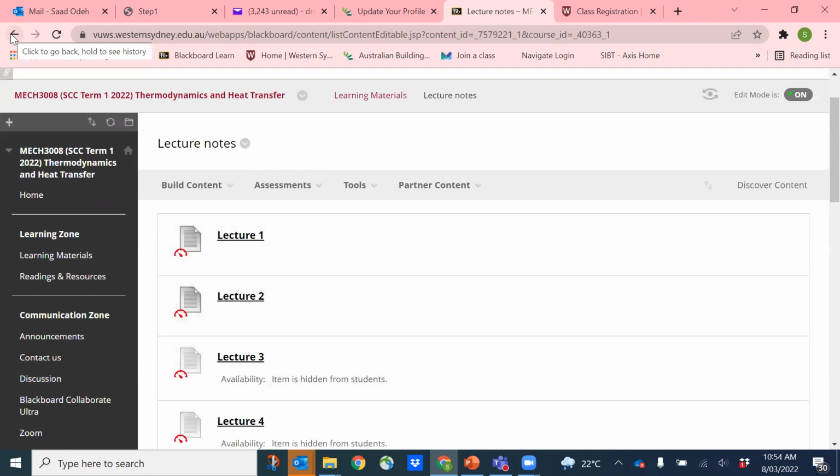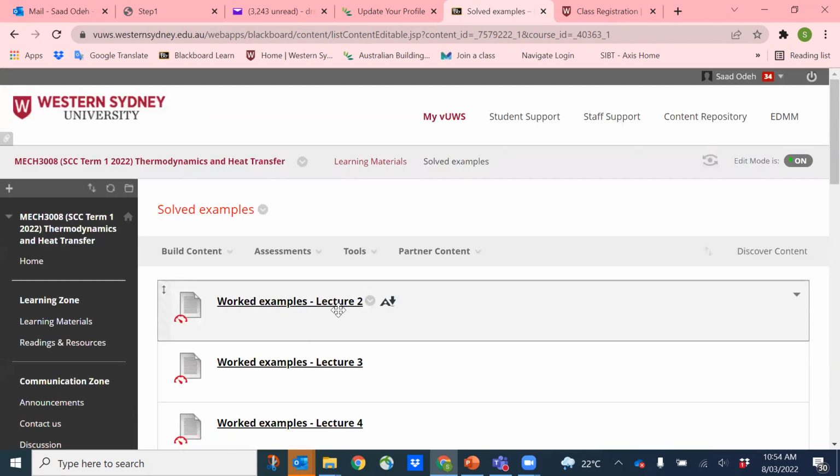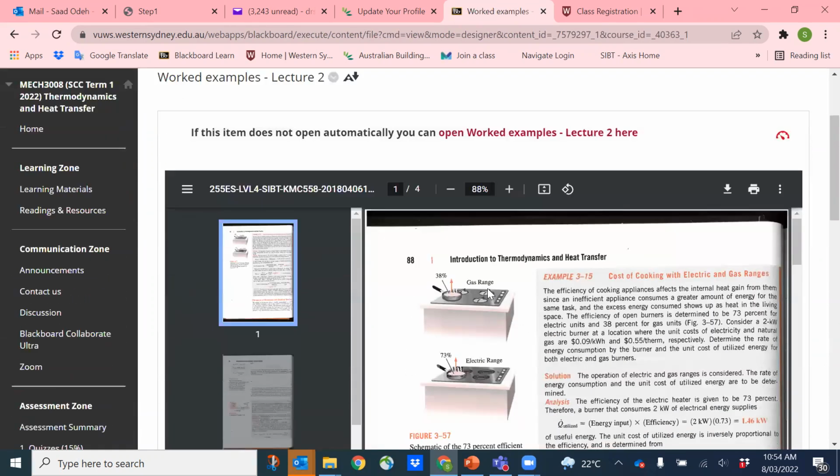And also, you can find the solved examples. I put solved examples for all lectures. It's really good. These examples are actually from the book. So I just grabbed a few examples related to the lecture, and you can always refer to these ones.